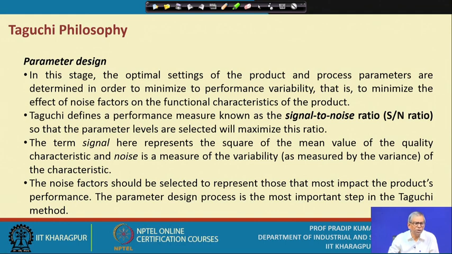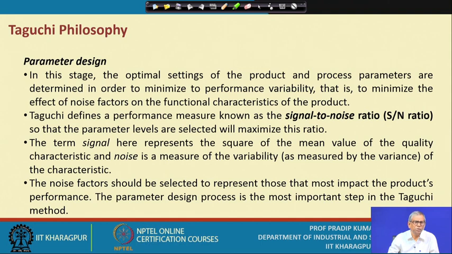So the signal is the positive part of the performance, the desirable part of the performance, whereas you also have an undesirable part in the performance that is referred to as the noise. So if the desirable aspect you improve, and the noise aspects you minimize, obviously the performance is going to improve.